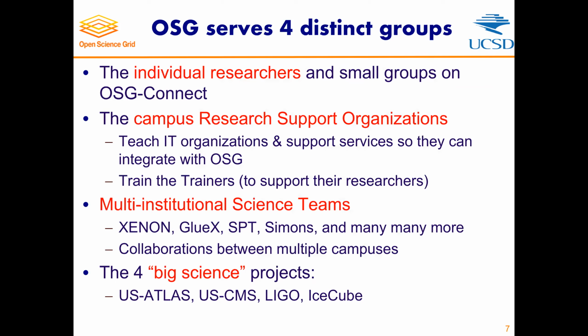The third type of category is anything that is not bound by a single institution. So if you read this from the top to the bottom, you realize that the scale increases, and therefore, in some sense, the complexity increases. When you have multi-institutional teams, you don't have line management anymore.